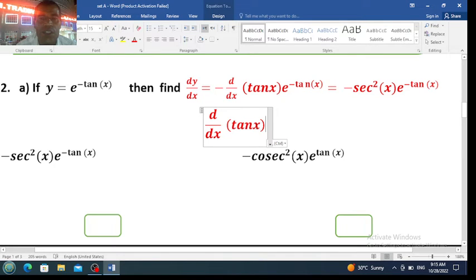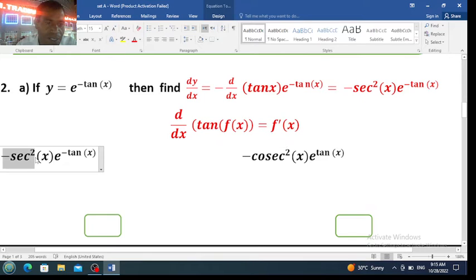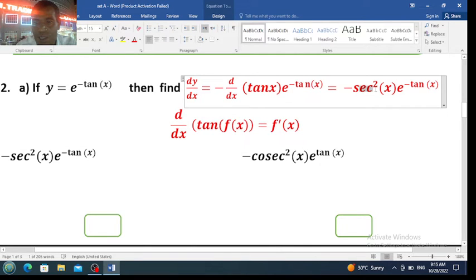first f dash of x, multiplied by sec square of f of x. I will use sec square because it's better not to repeat again.